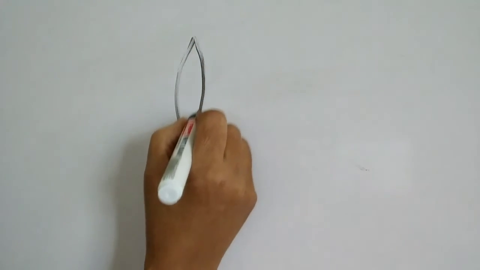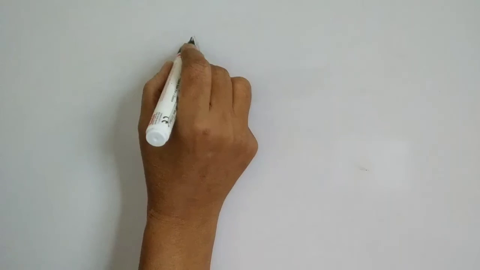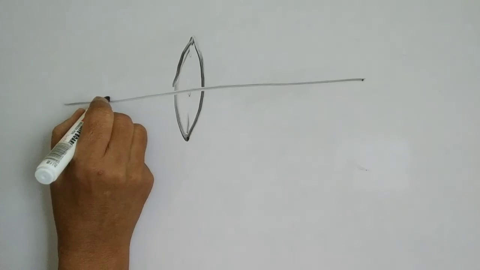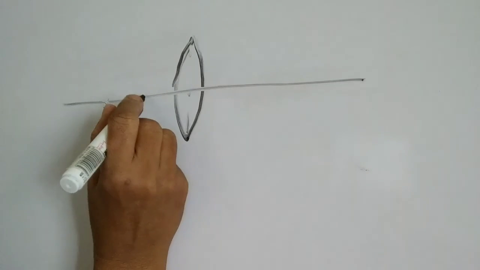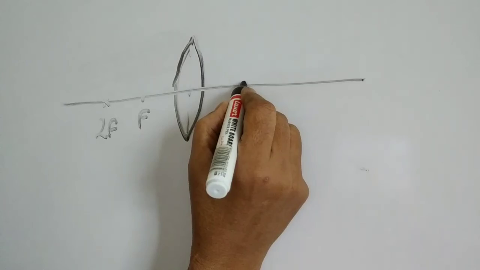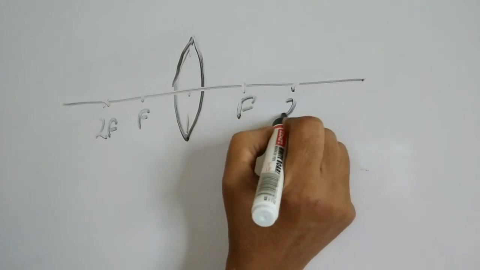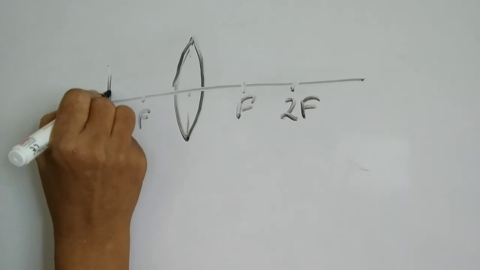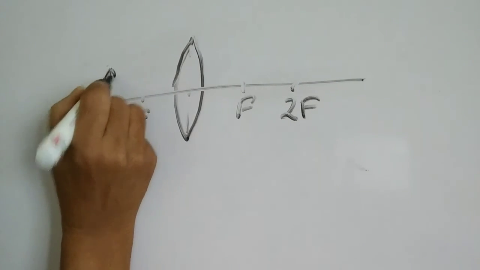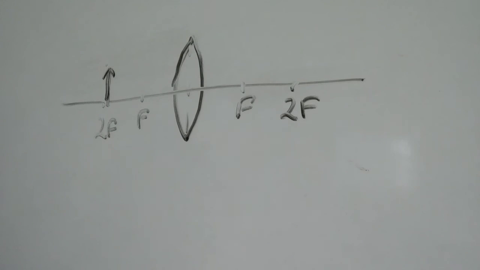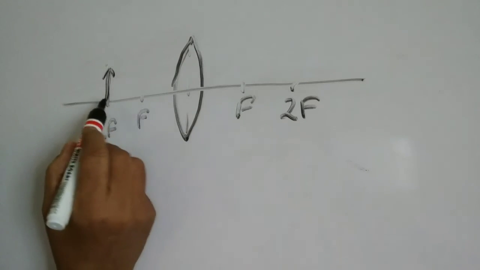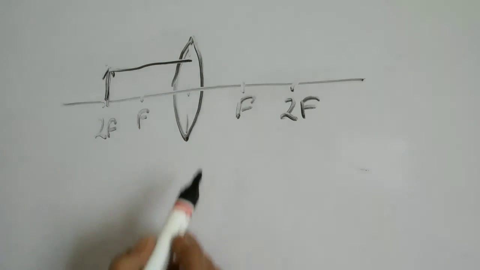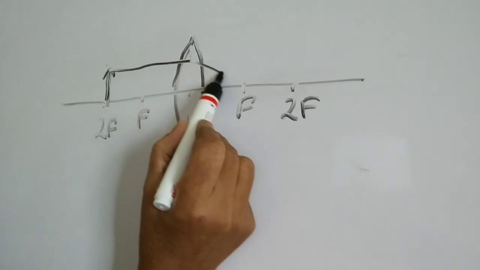The object is placed at 2f. The ray parallel to the principal axis, after refraction, what happens? It passes through the focus.